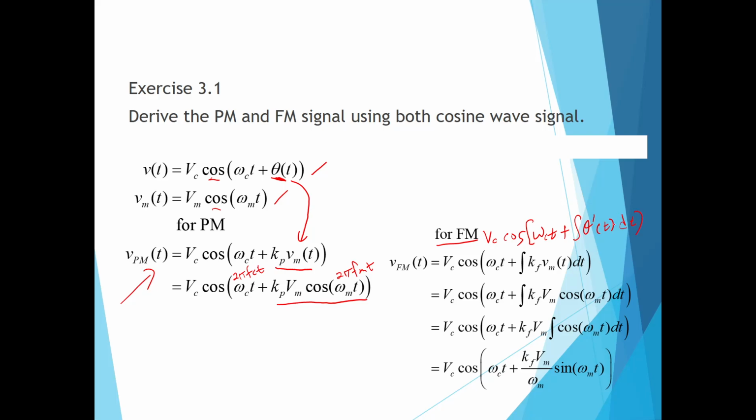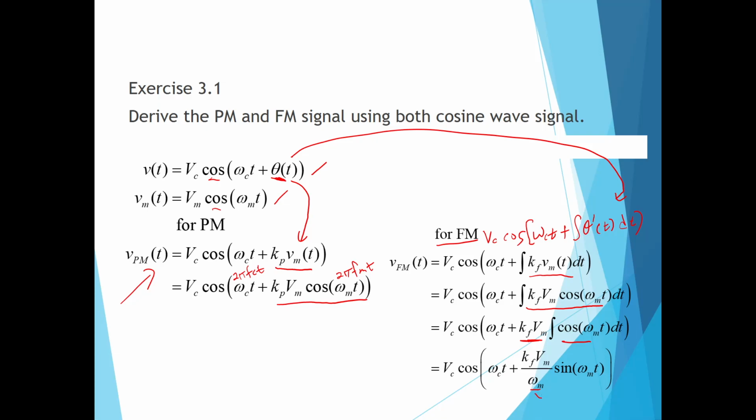From the general equation, we change theta t into the integral of theta prime t, which is equal to the integral of Kf Vmt. So the integral of Kf Vm cos omega mt, putting the constant parameters outside. The integral of cosine gives you positive sine over omega m, or 2 pi fm.